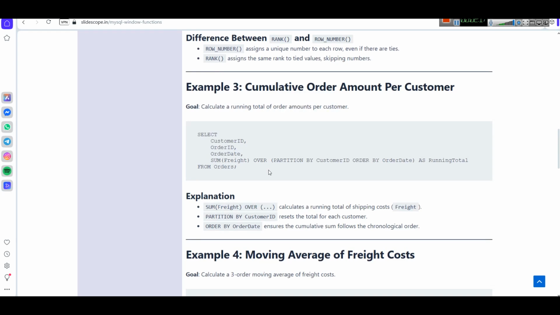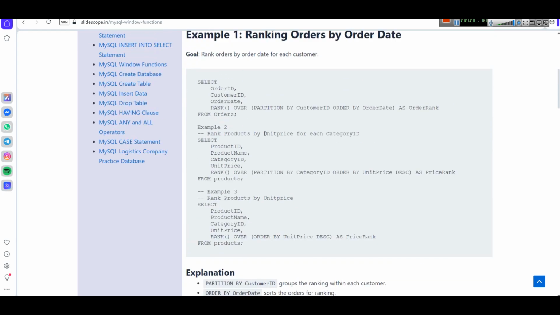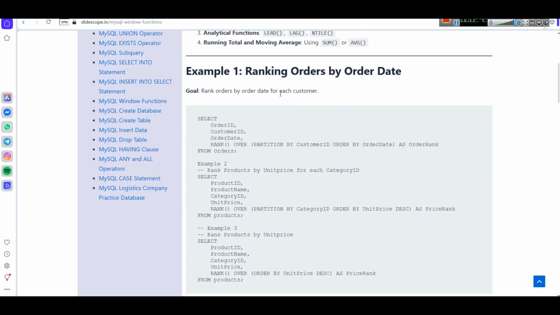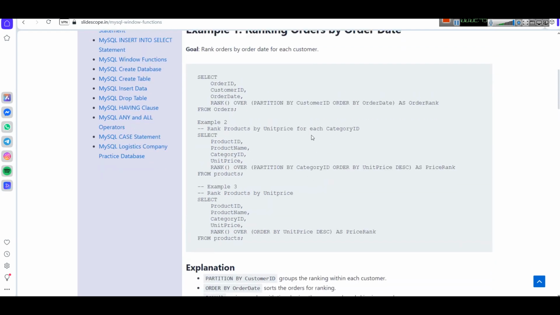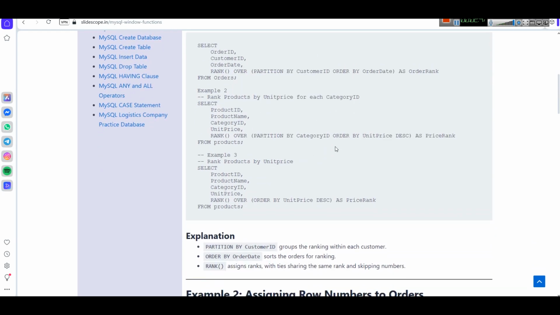If we have to calculate a running total, we will use SUM OVER. We will use sum of freight, and we will partition by customer ID. Whenever the question says per customer or for each category ID, you learnt in the previous part that we use partition by.